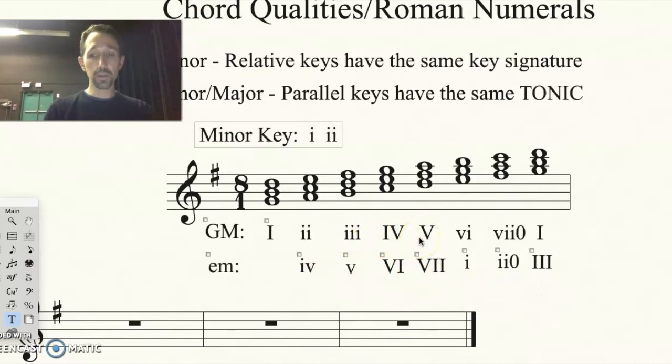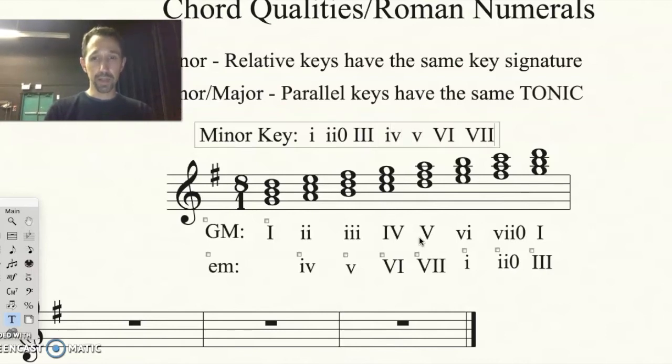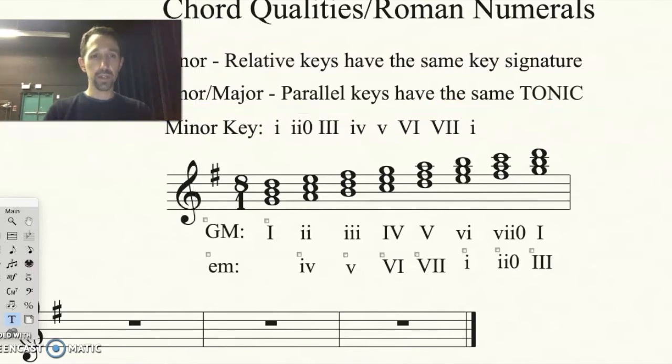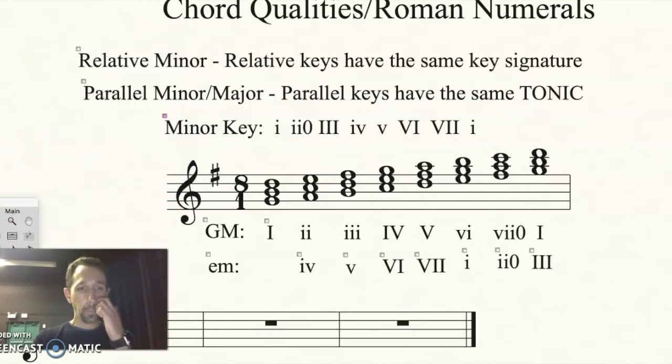So minor 1, diminished 2, major 3, minor 4, minor 5, major 6, major 7, and minor 1 again. So this is what would happen if it was diatonic. Diatonic, once again, means everything fits within the key signature.